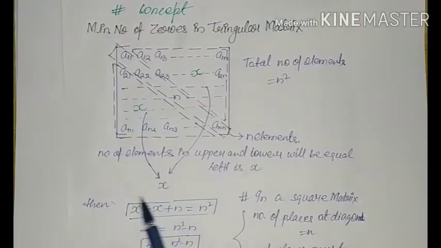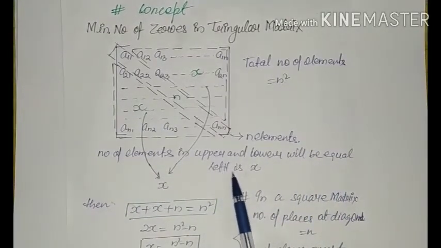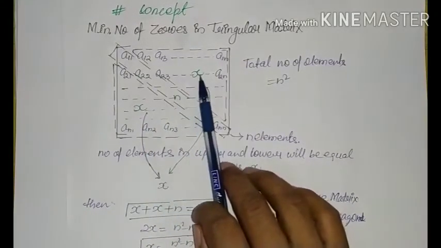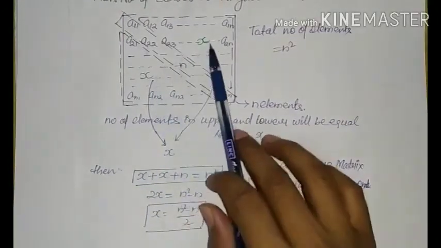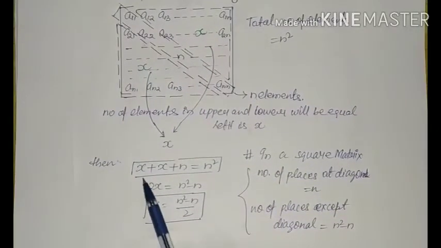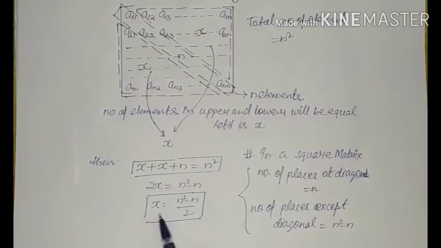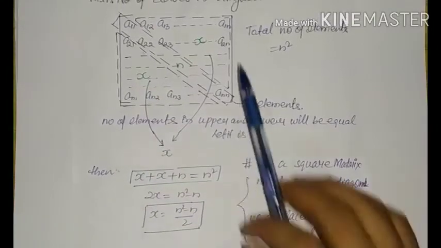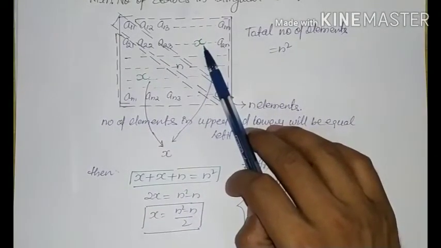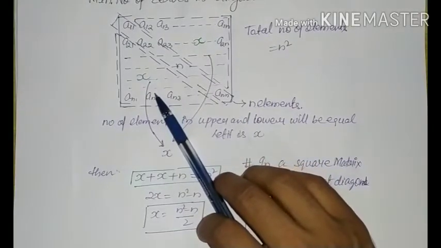Here, as we know, the number of elements in the upper and lower parts will be equal. Let it be x. Now x plus x plus n equals n square, and that's why 2x equals n square minus n. Then x equals (n square minus n) by 2, meaning that here (n square minus n) by 2 elements are available, and here also (n square minus n) by 2 elements are available.